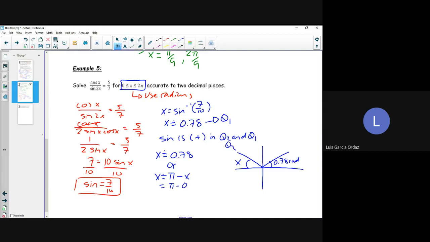So we get pi minus 0.78, which gives us 2.36. So you guys starting to kind of get it now? A little bit?